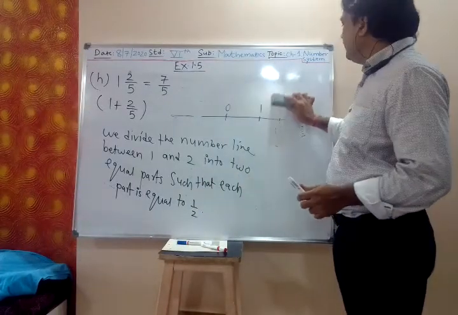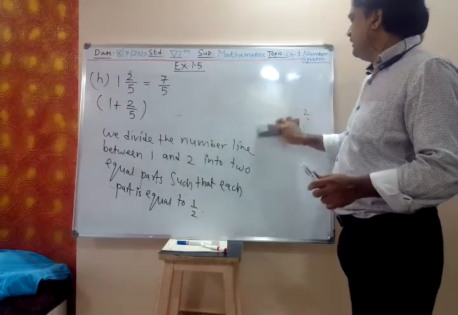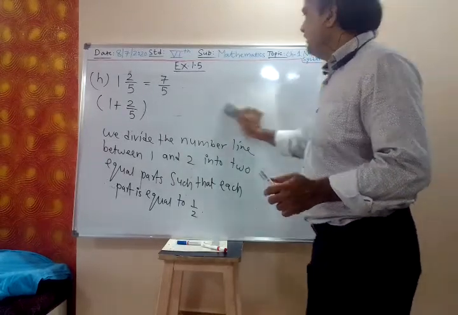So I will divide the number line between 1 and 2, because this 1 and 2 by 5 is a mixed fraction, which is greater than 1.